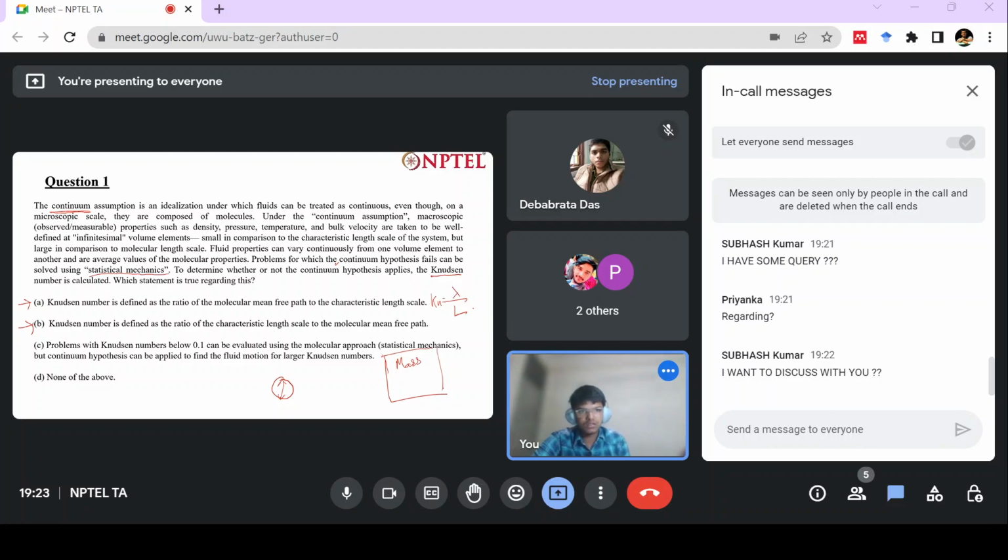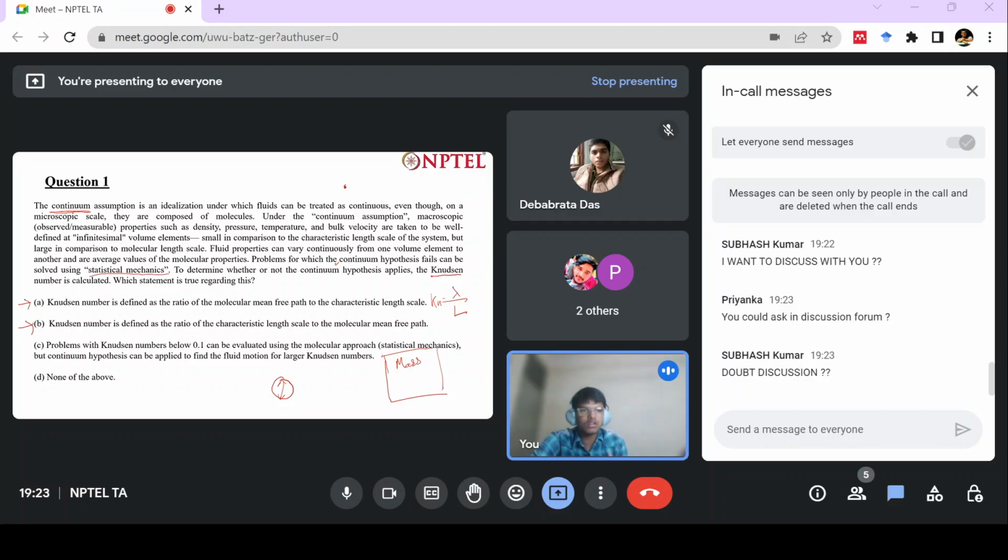As you would understand, if the Knudsen number is very small, that means more molecules are there in your small length scale, a small amount of length that you may consider as a point in your system.